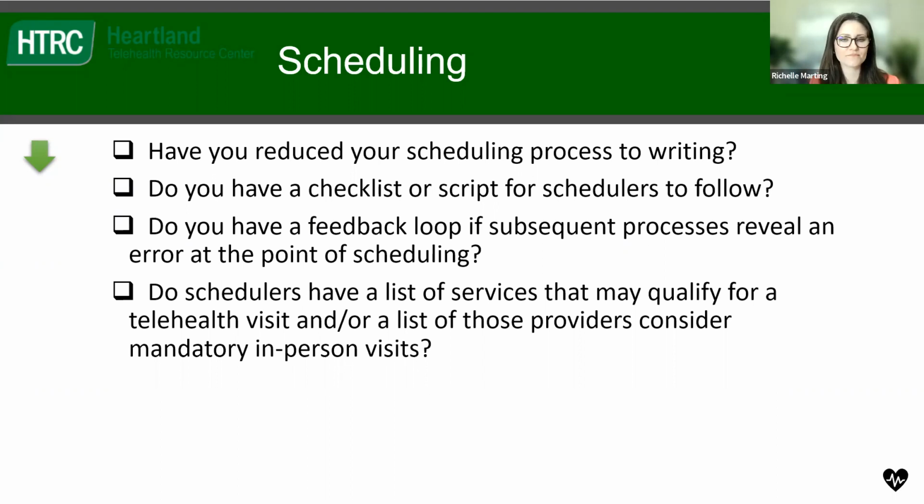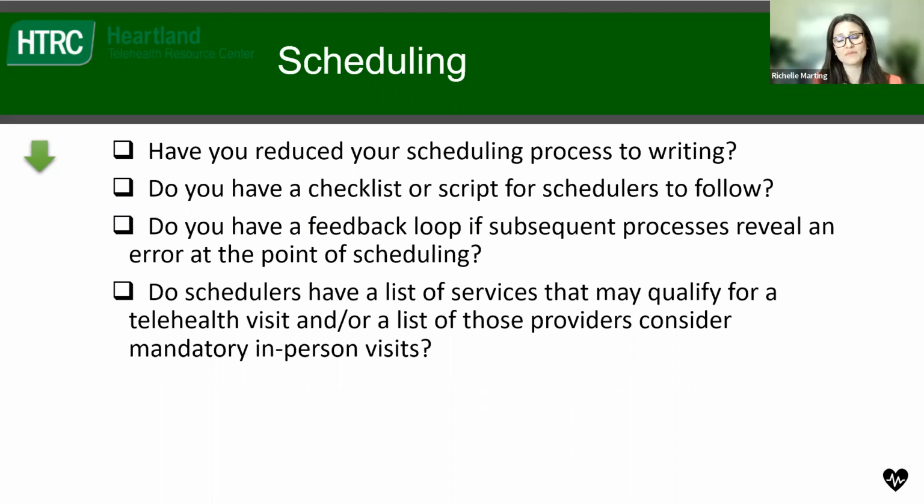Do you have a feedback loop if somewhere subsequent to the scheduling process, maybe an error or a gap was identified for a particular patient? A lot of times those schedulers aren't going to know that they're missing something or that there was an error unless there's a feedback loop.